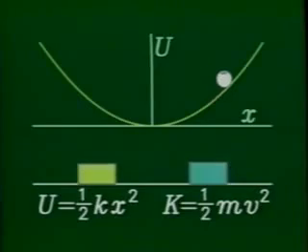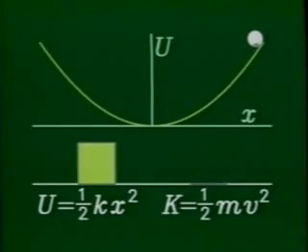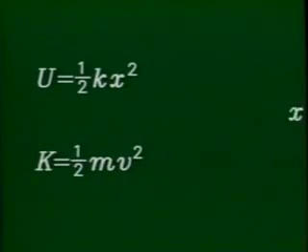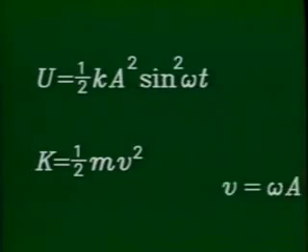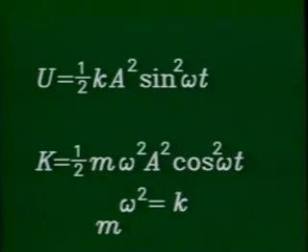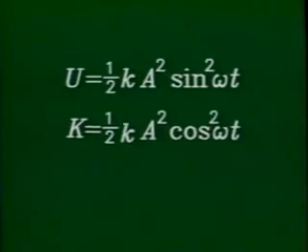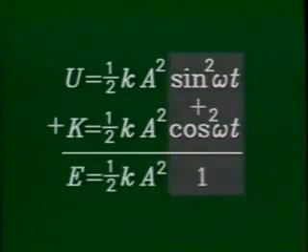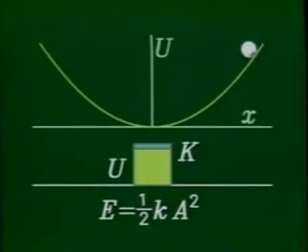Over time, there's a continual interchange between kinetic and potential energy. But even though both the potential energy and kinetic energy are always changing, the total energy is always constant.